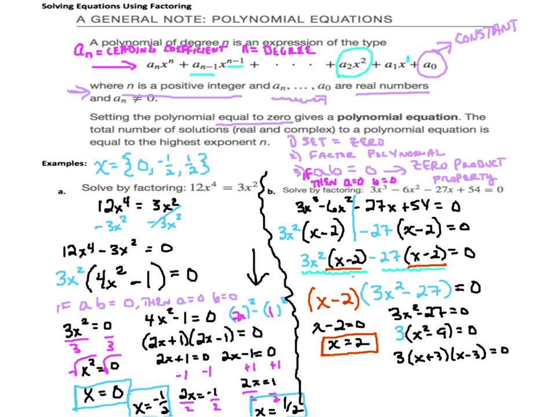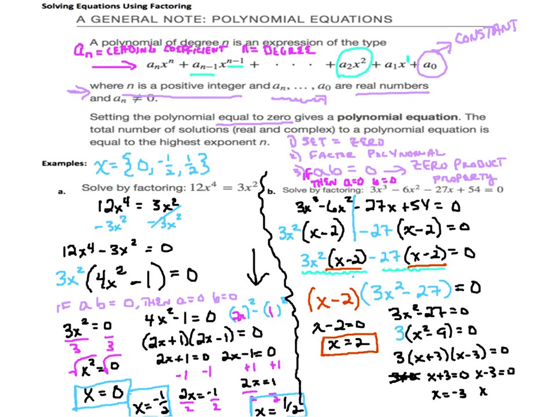Okay, now I've got 3 things being multiplied together that equal 0. So I need to apply my zero product property. Well, 3 does not equal 0. It never has, it never will. So you don't have to worry about the 3. You can just ignore it. But x plus 3 could be 0, or x minus 3 could be 0.